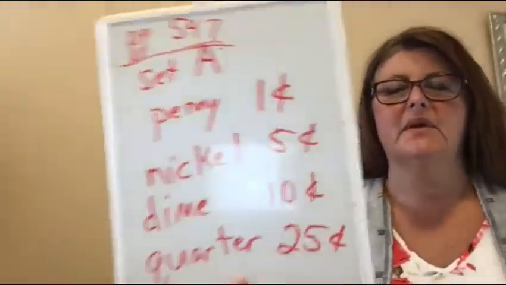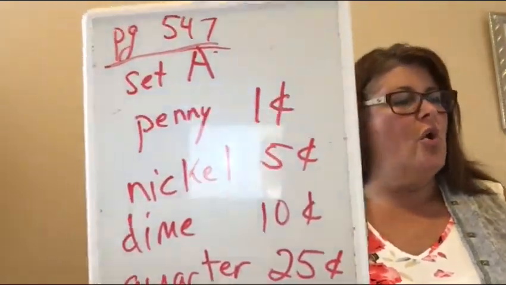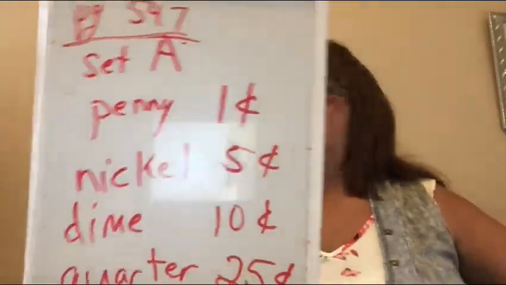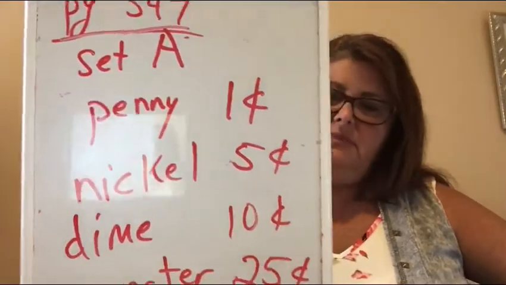The dime is 10 cents, and the quarter is 25 cents. So this is what you need to know when you are learning about money.